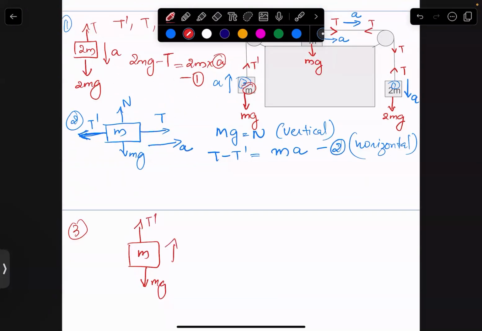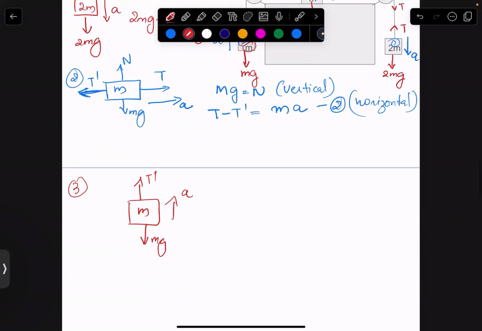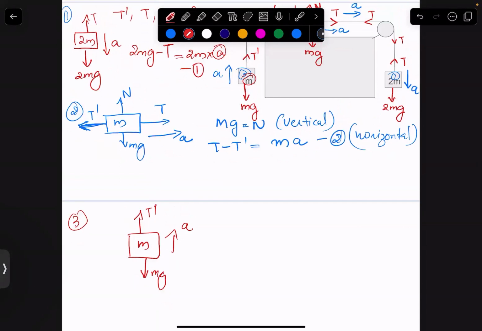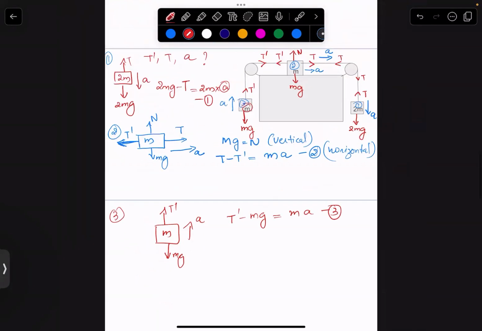And this whole block is accelerating upwards with an acceleration of A. Again, how to write the equation? Net force, that is T dash minus mg, because A is along T dash, equal to M times A. That is equation 3.